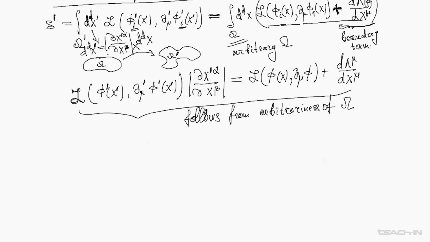Okay. Now we consider the infinitesimal version of this equation. This means that we need infinitesimal transformations. x mu goes to x prime mu, and infinitesimally what we do is add to x mu a small variation delta x mu, which is, if you wish, the infinitesimal version of this transformation here.